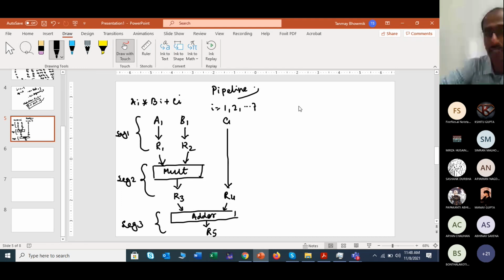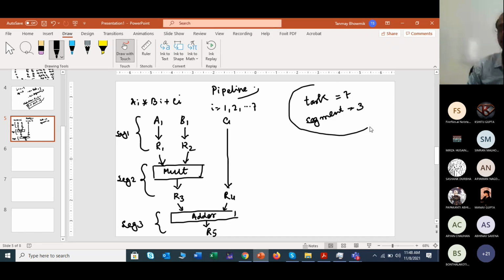So you can write your task number as 7 and your segment number as 3. Keep these two data intact. We will use this data very soon for a numerical problem.